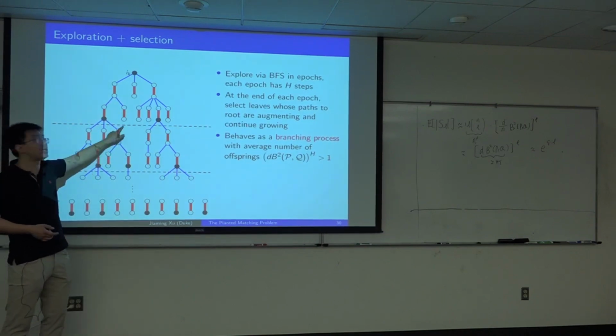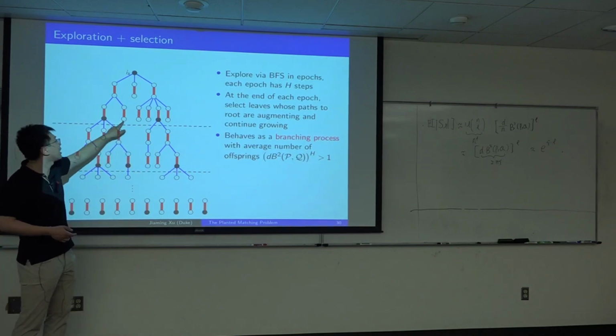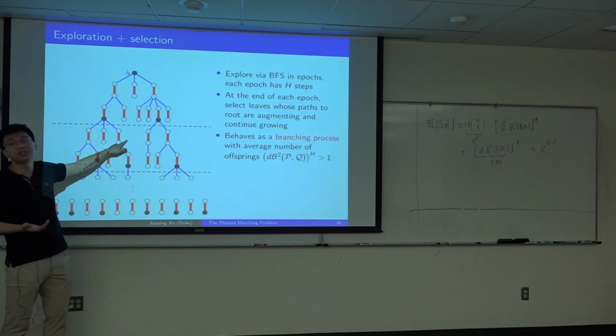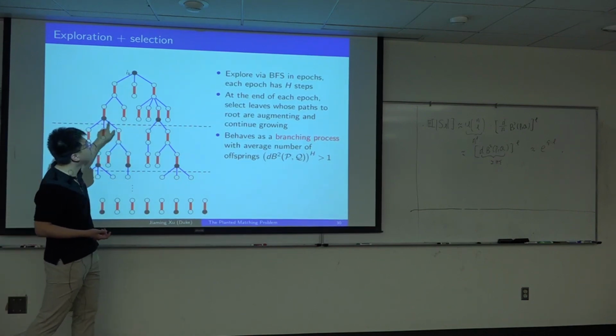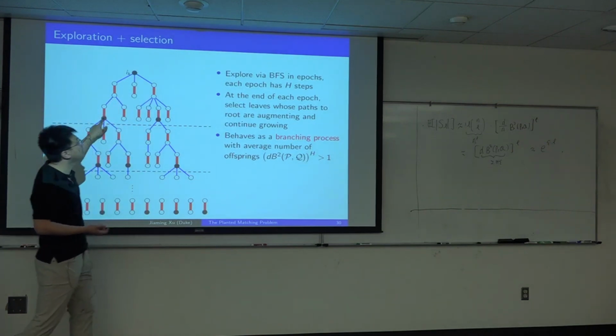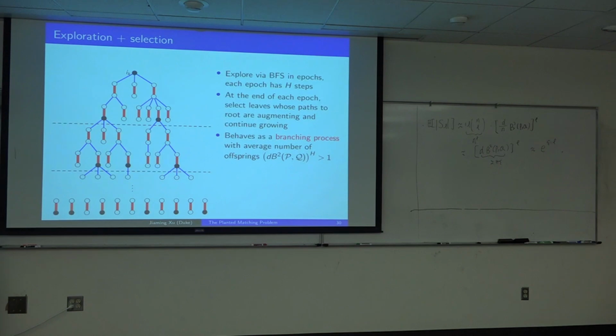Because we already know there's no way for this entire path to be augmenting, so let's not continue to grow, to save some vertices. In other words, we only look at those leaves whose paths to the root are indeed augmenting, and only grow from there. That will help us save the number of vertices used.